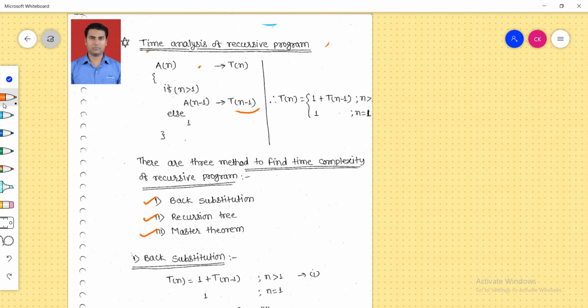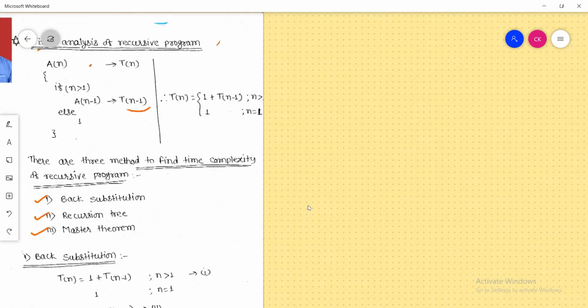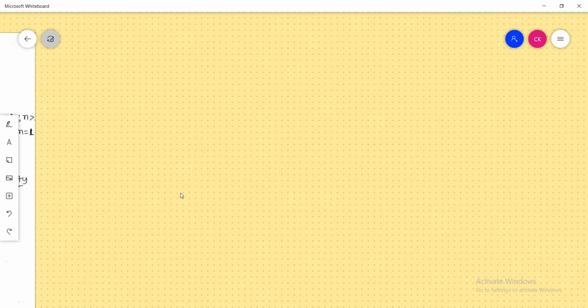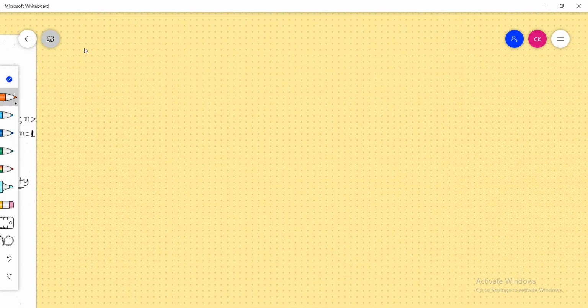So what is the back substitution method? Let us suppose the recurrence relation is T of n is equal to T of n minus 1 plus 1, where 1 is some constant, for n greater than 1, and T of n is equal to 1 if n is equal to 1.